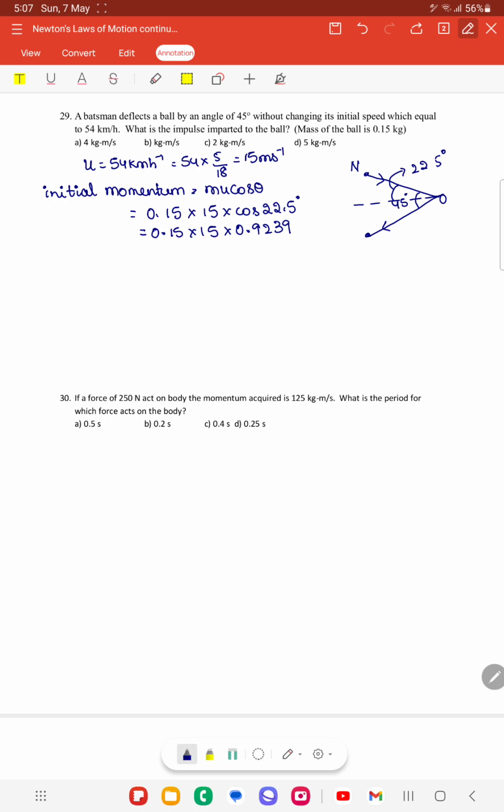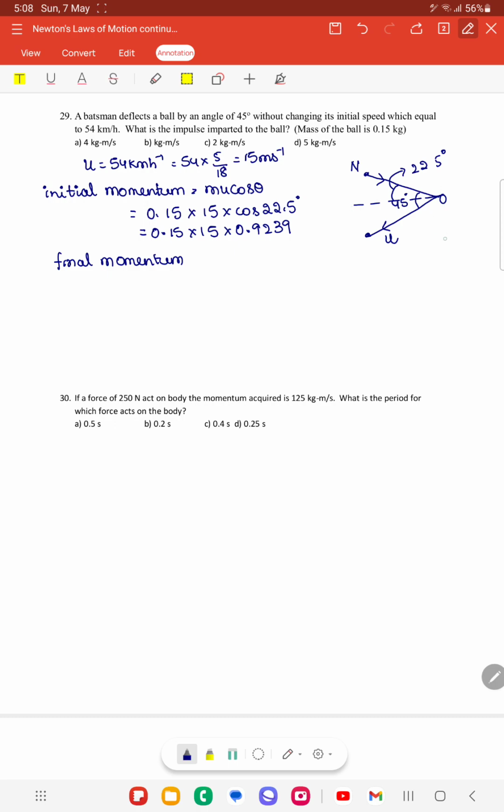Now if you consider the final momentum, again with the same velocity it is deflected. Again the velocity has two components, along the horizontal and along the vertical.